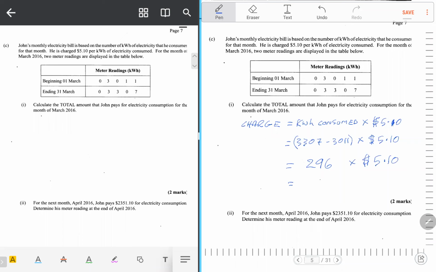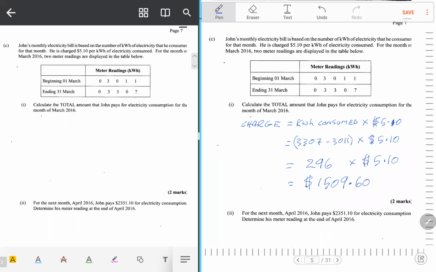So that would basically be a total charge of 1509. It gave me 0.6 on the calculator because it's money you're talking about. You have to put 60 cents. So basically that is it. That's the amount that you would have to pay.